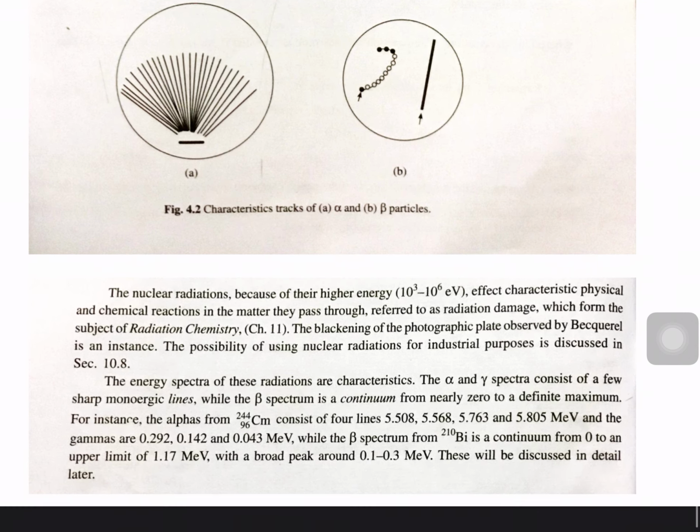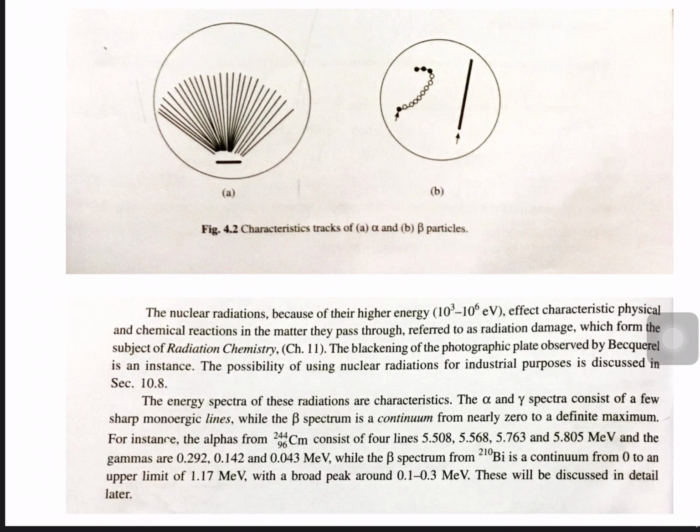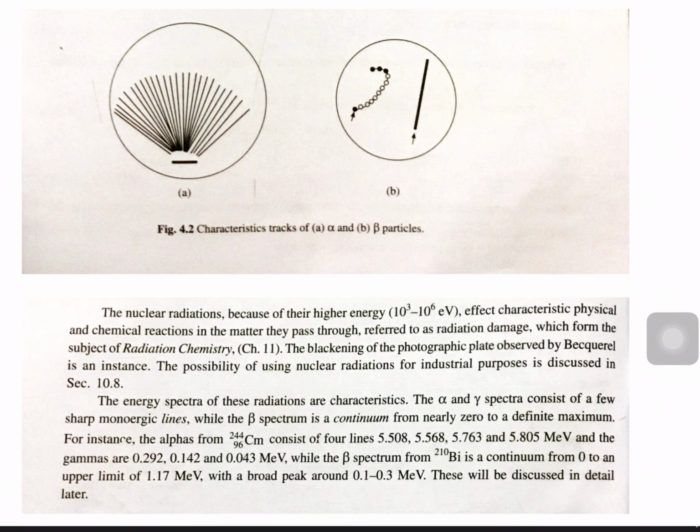The energy spectra of these radiations are characteristic. The alpha and gamma spectra consist of a few sharp monoenergetic lines, while the beta spectrum is a continuum from nearly zero to a definite maximum.